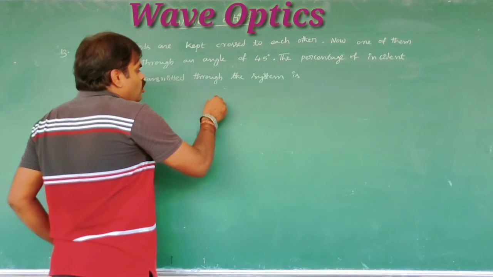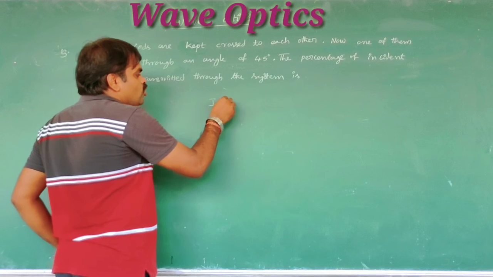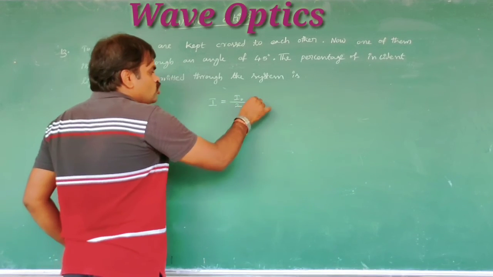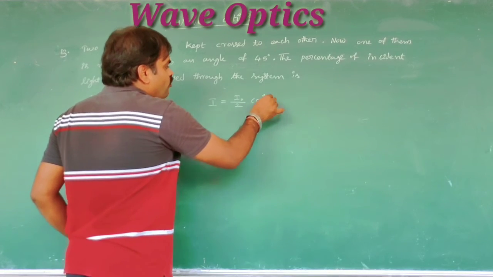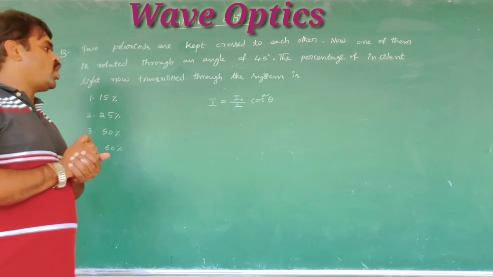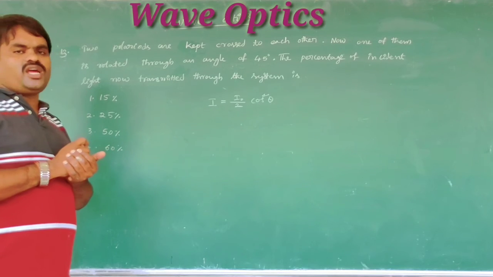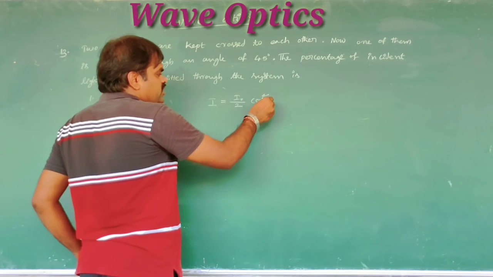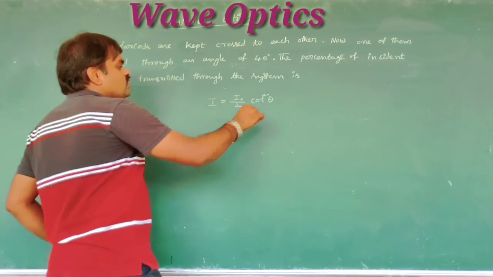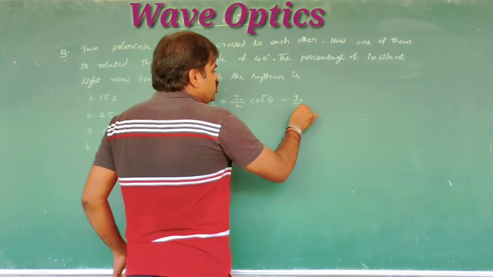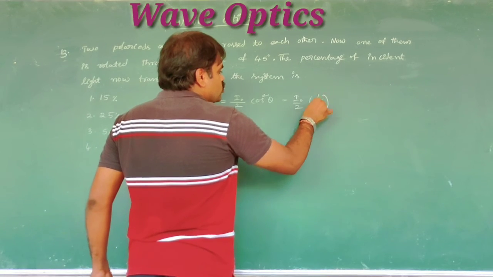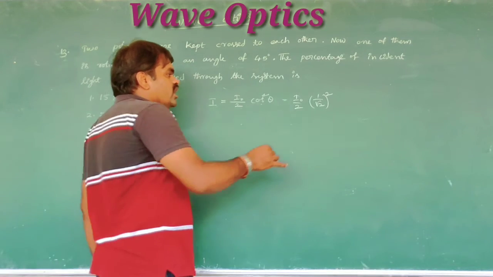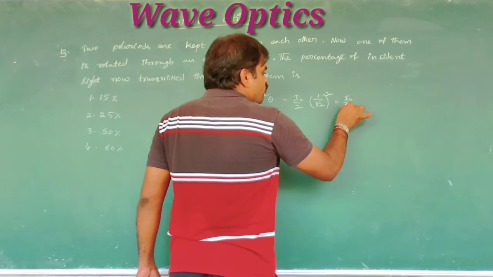Here the intensity I is equal to I naught by 2 into cos square theta, where theta is the angle between the polarizer and the analyzer. Then I is equal to I naught by 2 cos square theta, but theta is given as 45. Then I naught by 2 into (1 by root 2) whole square, because cos 45 is 1 by root 2. Now we get I naught by 4.